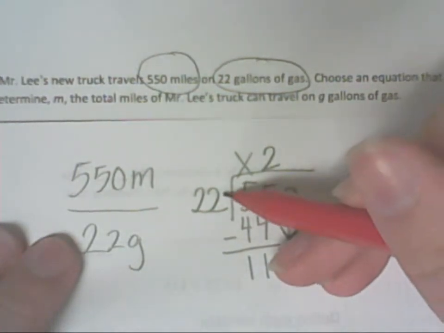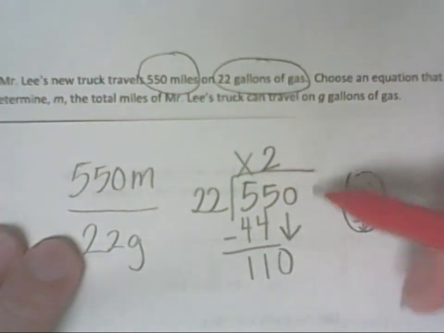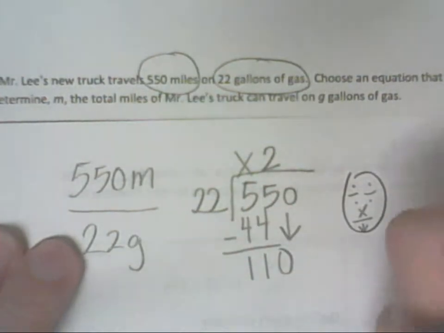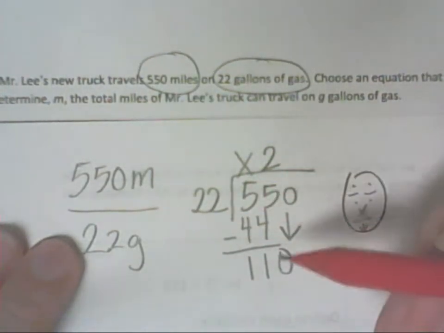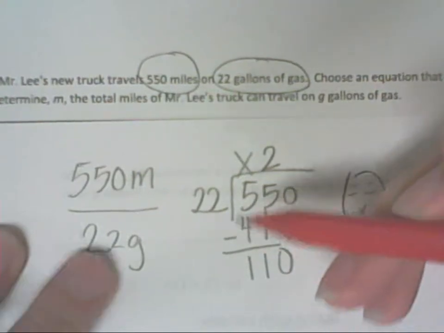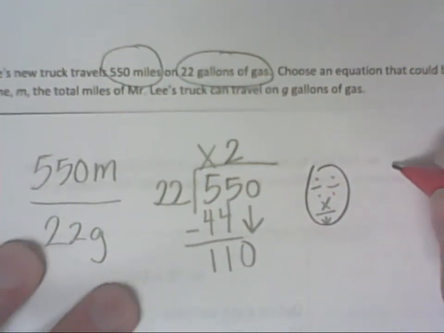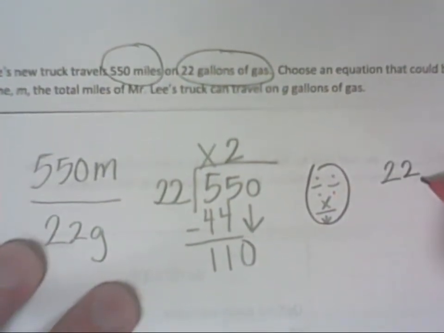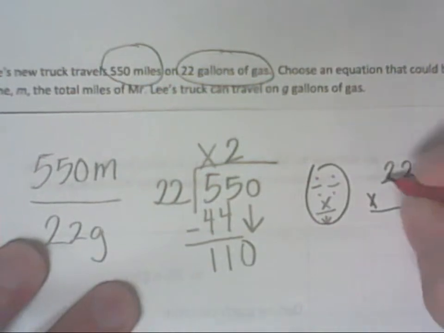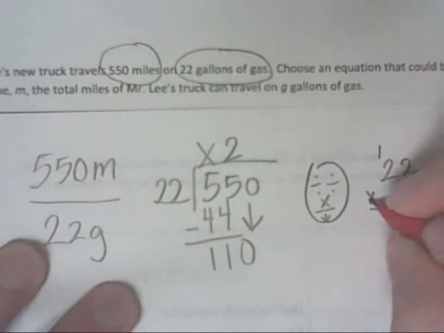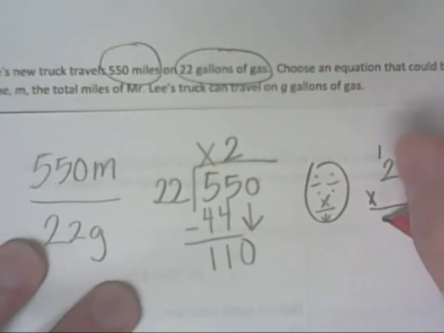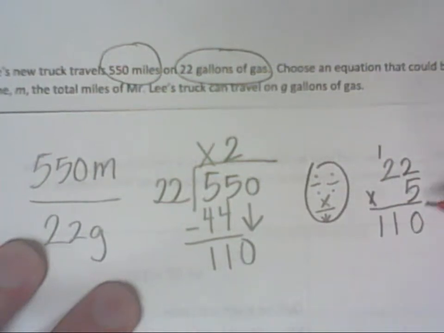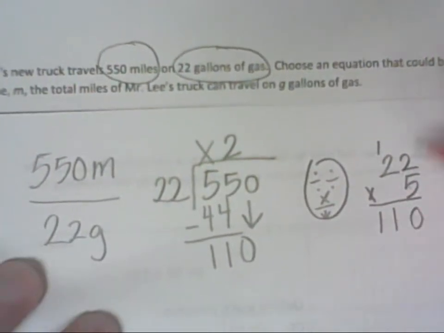I do not know my multiples of 22, so what I could do is guess and check. 20 times 5 is 100, so I'm going to go out to the side and try 22 times 5. Just guessing a number. 2 times 5 is 10. 5 times 2 is 10 plus 1 lonely guy makes 11. So my product is 110.